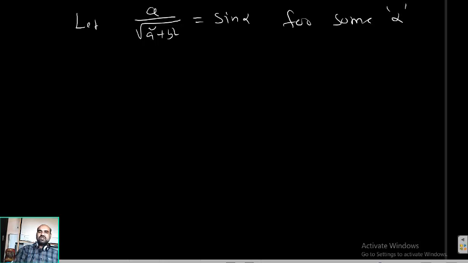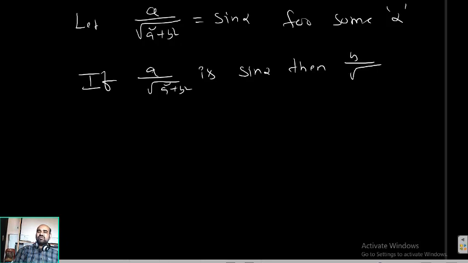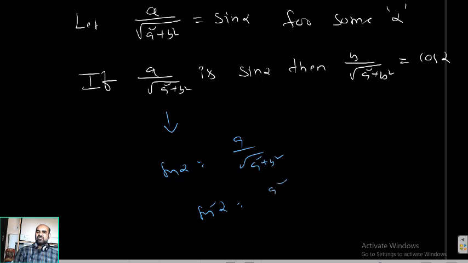Important note: if a by root over a square plus b square is sin alpha, then b by root over a square plus b square becomes cos alpha. I will show you. This is taken as sin alpha, which means sin alpha equals a by root over a square plus b square. Squaring, sin square alpha is equal to a square by a square plus b square.